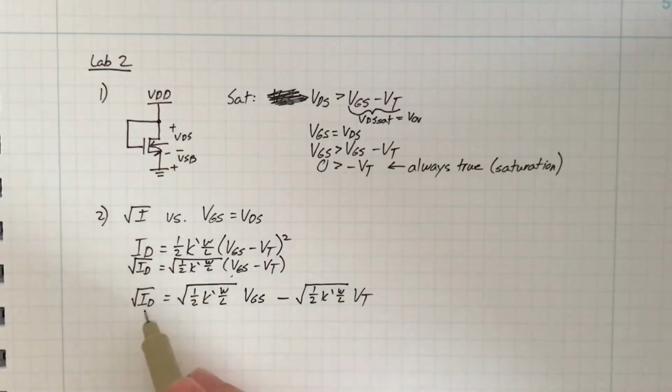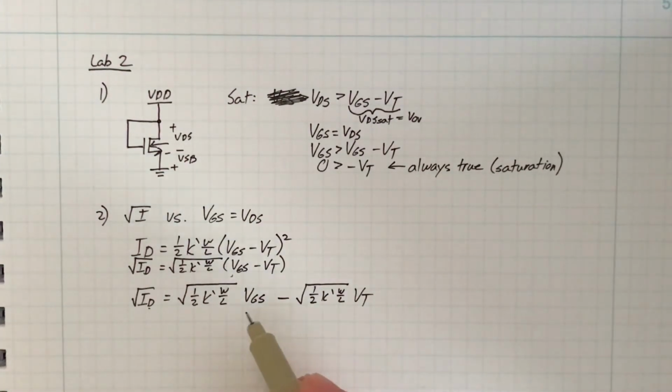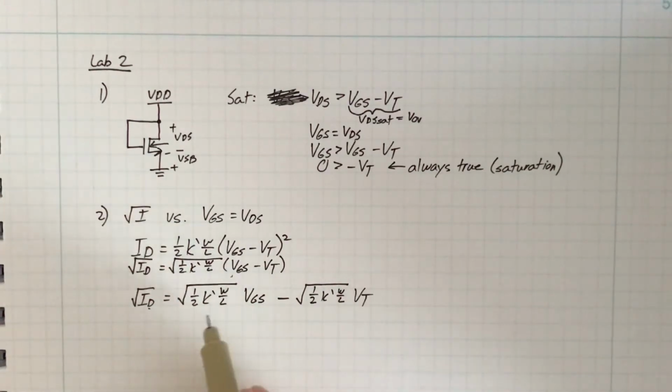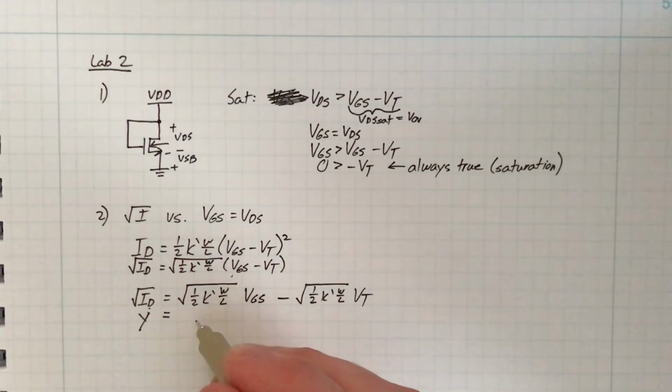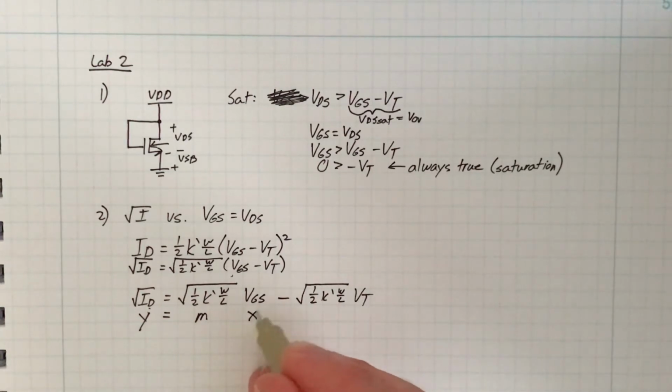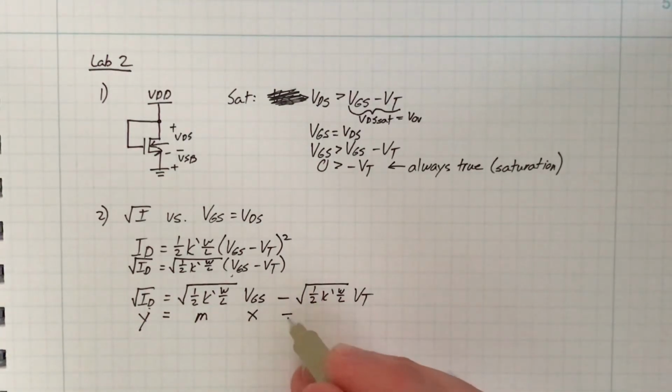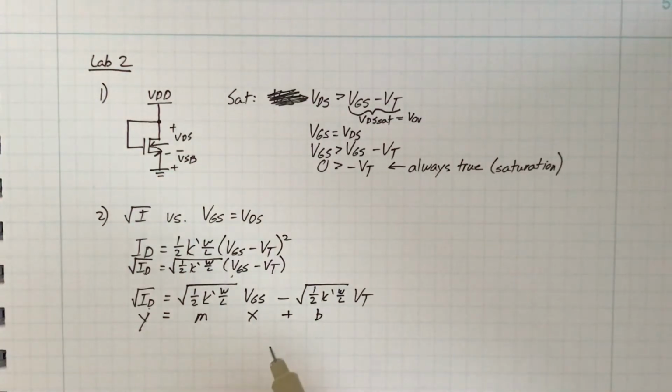And we're trying to plot square root of ID versus VGS. And if you look at this for a few seconds here, you'll realize that this is a straight line. This is a linear equation where this is y, this is your slope, this is x, and this is b, the y-intercept. Y equals mx plus b.